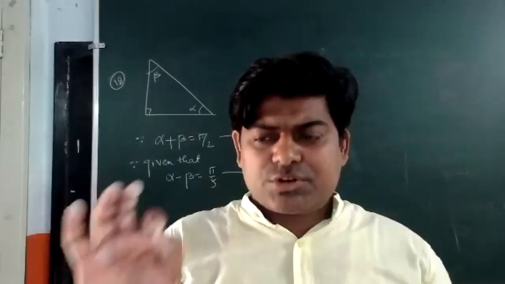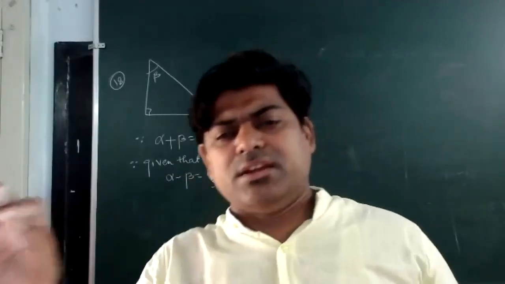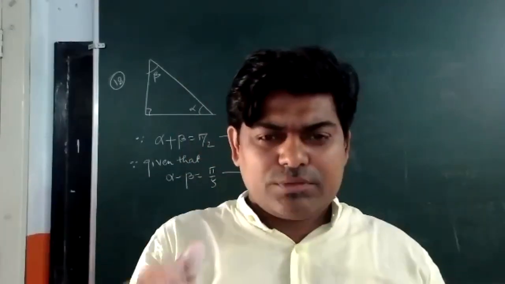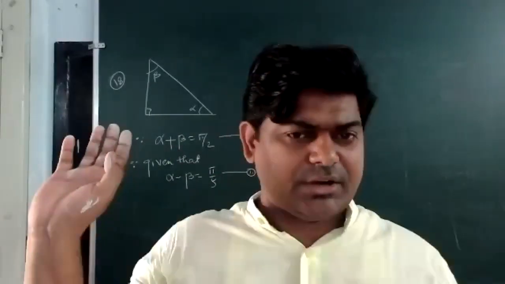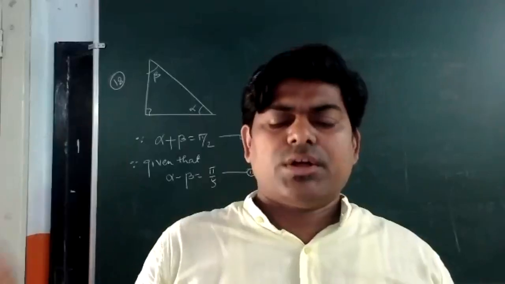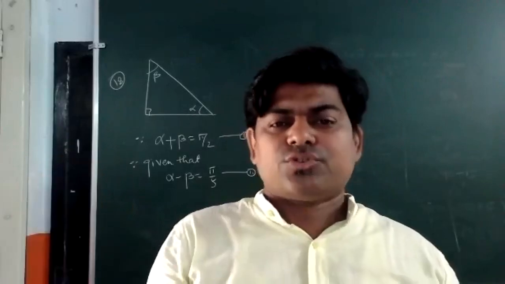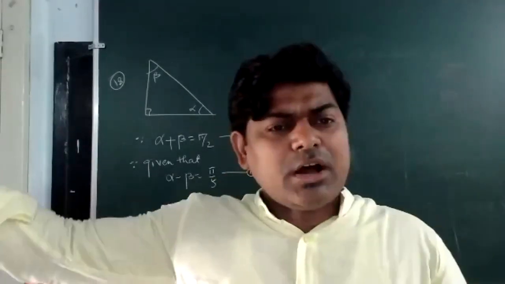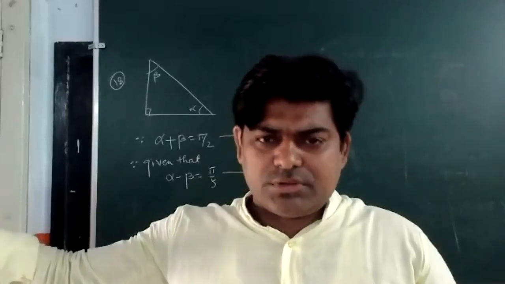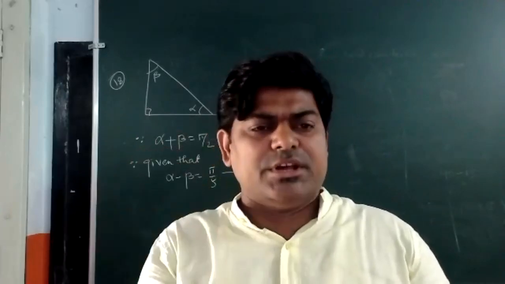In class 10th, it was discussed that if I want to take three numbers which are in AP, we may take A minus D, A and A plus D. So definitely A minus D will be the least one and A plus D will be the largest one. So one relation will be there.